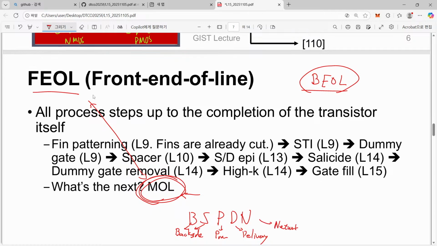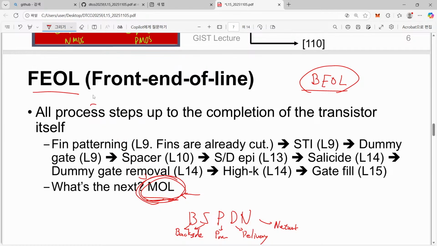This is a hot keyword among our manufacturing and technology people, and this is also related with the middle end of line. How can we supply our ground signal, and how can we supply our VDD signal into our transistor? That is considered in our middle end of line job. After that, back end of line goes.